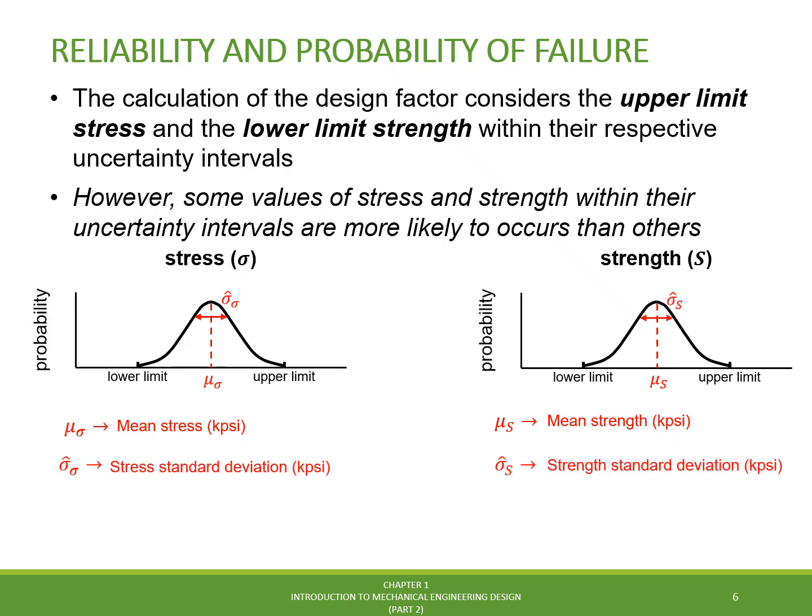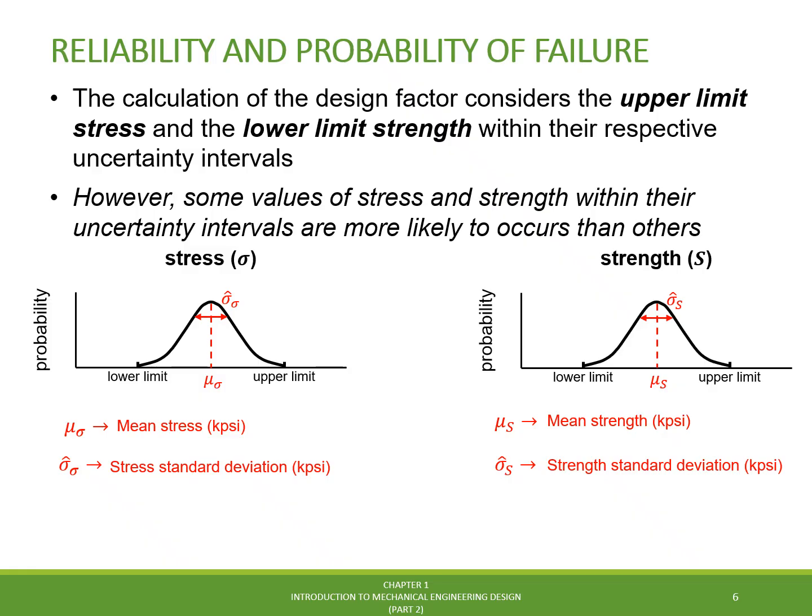Okay, so the bell-shaped curve is the Gaussian function used to model the probability density function of any random variable, in this case the stress and the strength, and we need two parameters to fully define mathematically those probability density functions.